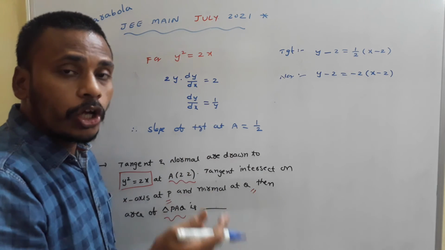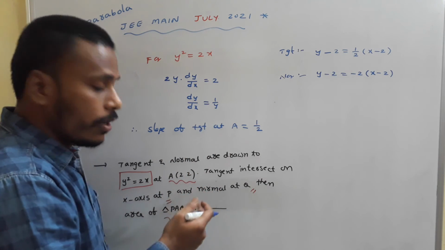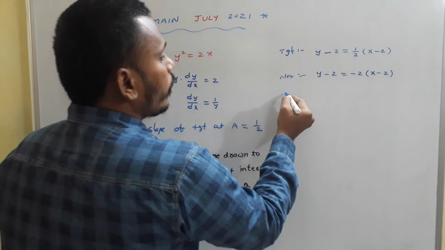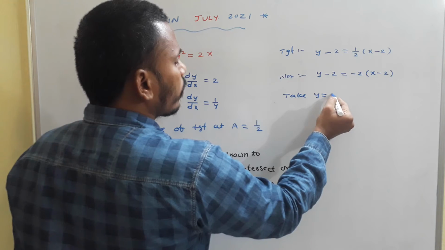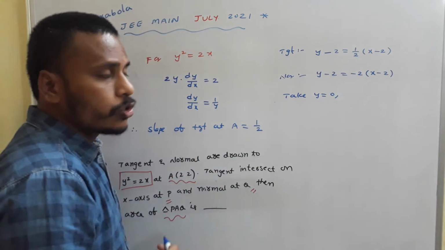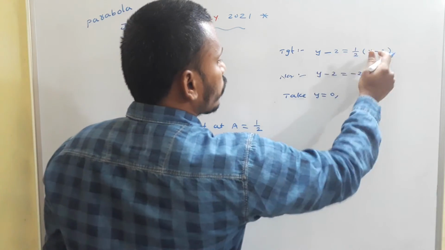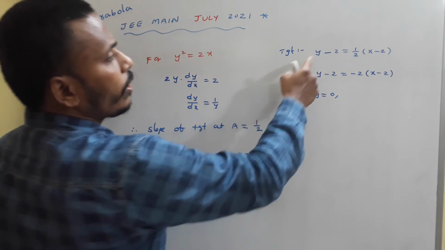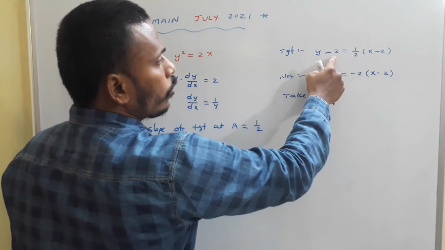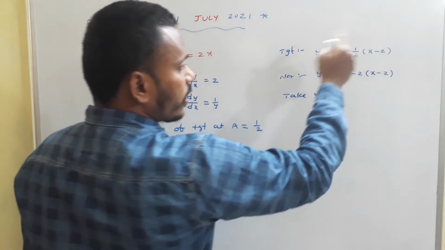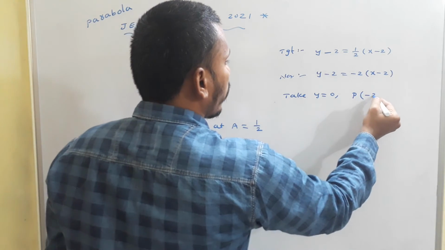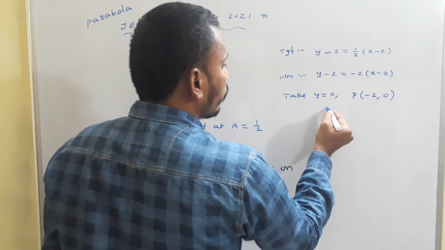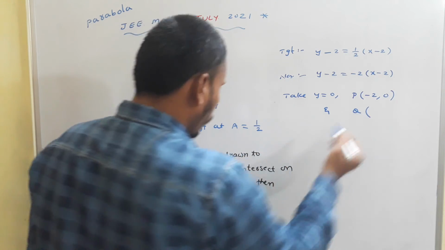Tangent and normal both intersect the x-axis at P and Q. So we take y = 0 on the x-axis. From this, what is x? If y is 0, we get -2 = 1/2 (x - 2), so x - 2 = -4, and x = -2. So P coordinates are (-2, 0). And what about Q?